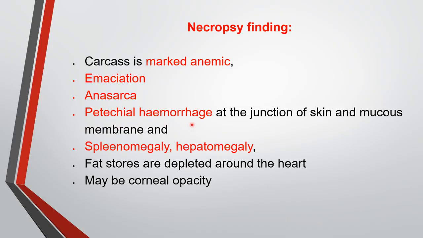Petechial hemorrhages because of the toxemia, and petechial hemorrhage generally at the junction of skin and mucous membrane. There is splenomegaly and hepatomegaly because of phagocytosis. Fat stores are depleted around the heart and there may be a corneal opacity.